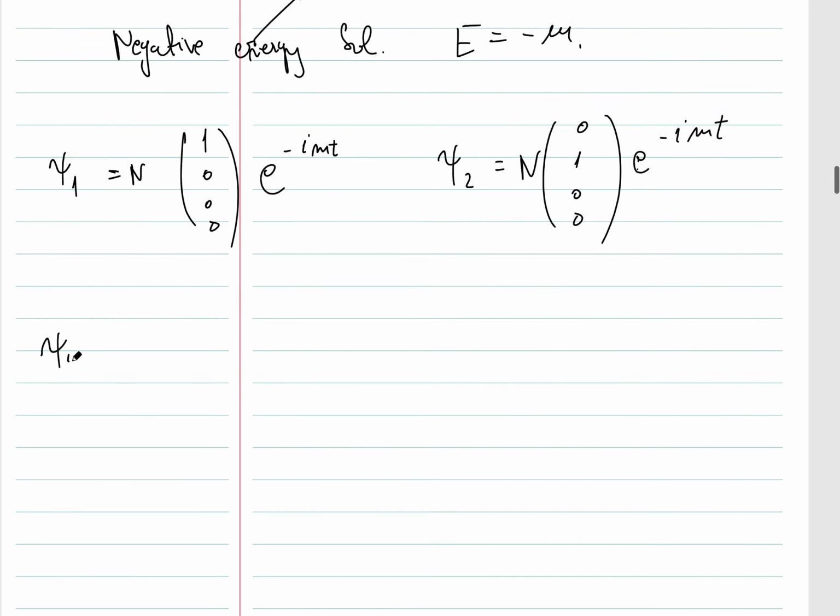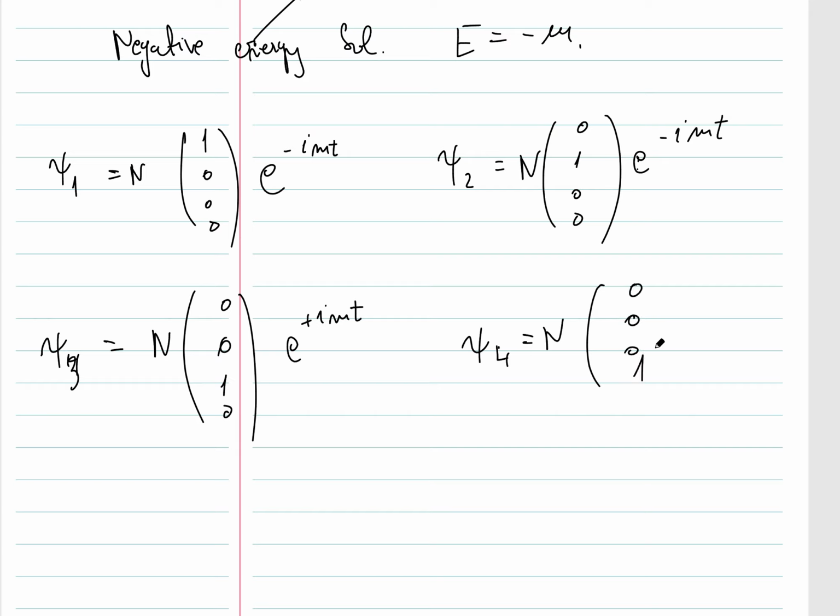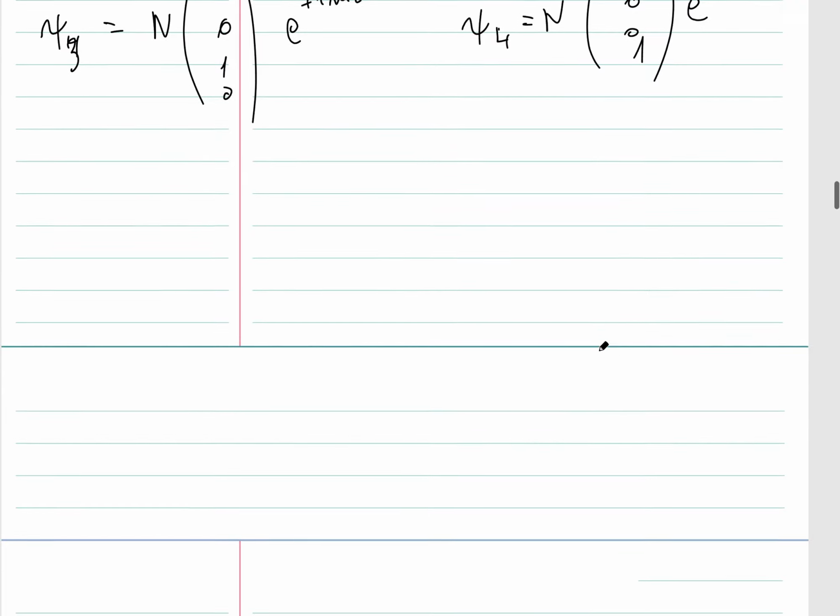And then we have psi3 and psi4 for the negative solutions, 0 0 1 0 times e to the plus imt, and 0 0 0 1 times e to the plus imt. So these are the free particle solutions for no momentum, a particle at rest, as we can say.